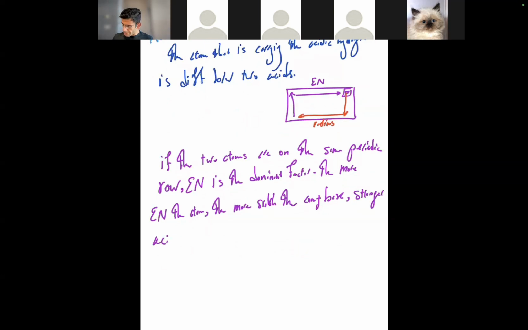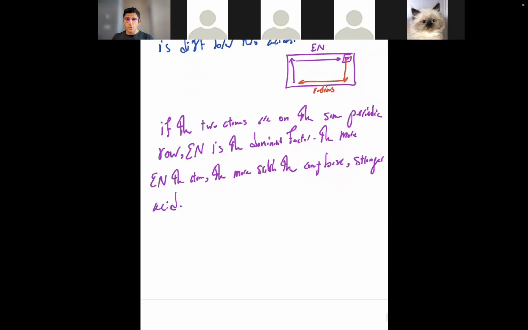Stronger acid. So technically it applies to any atoms in the same row. But again, we don't talk about all of the atoms in the periodic table. It's mostly just oxygen, nitrogen and carbon. So like this.